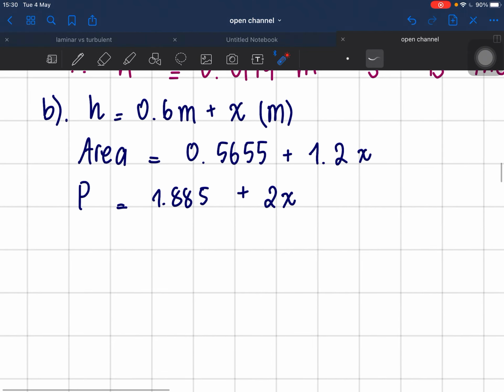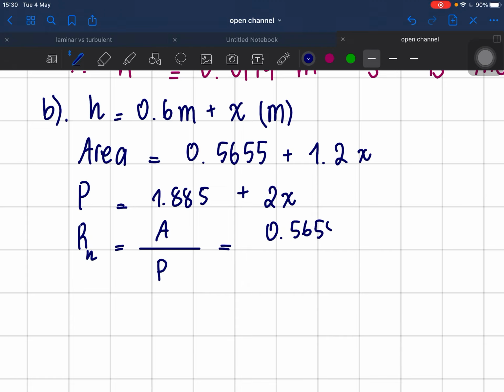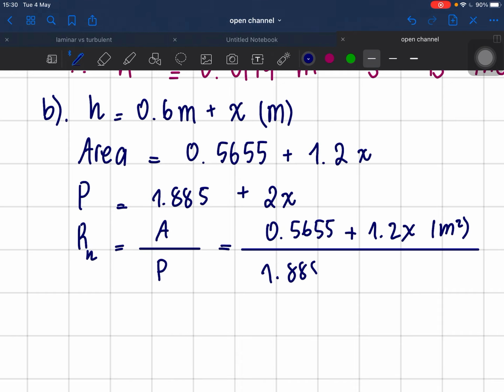So we find this, and then we can see the RH equals to A over P equals to 0.5655 plus 1.2x meter squared over 1.585 plus 2x meter.